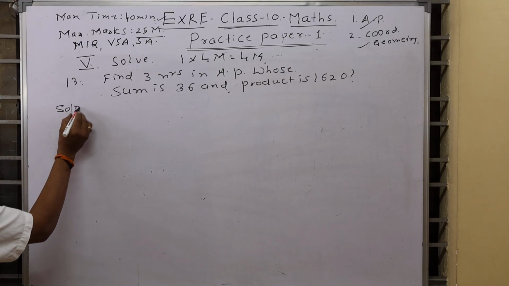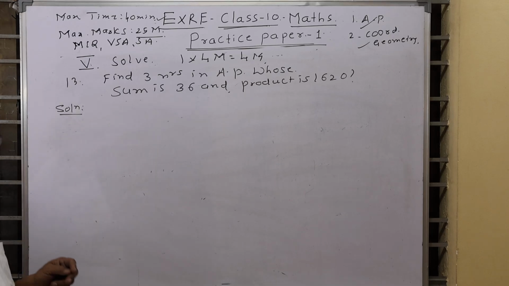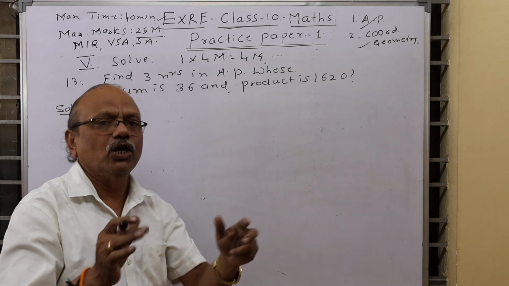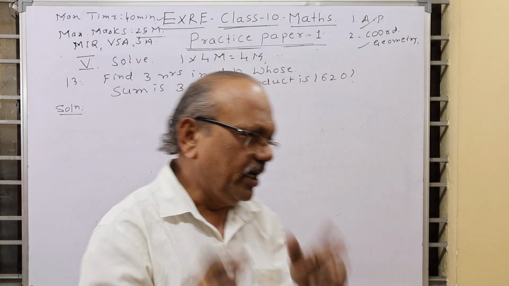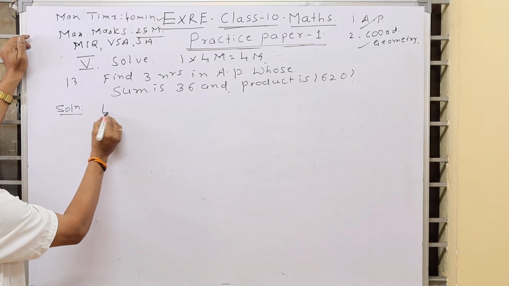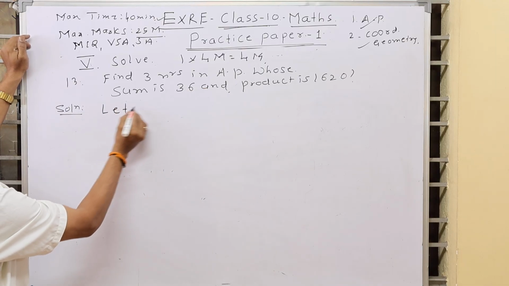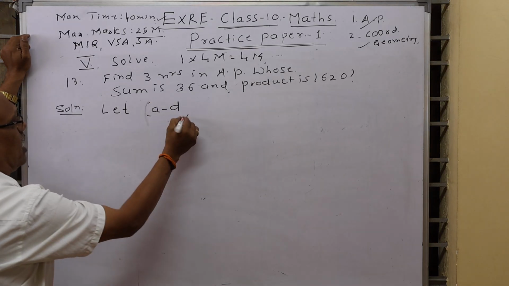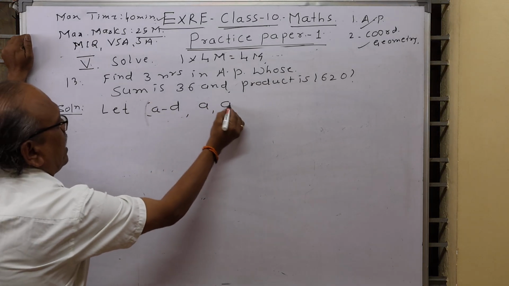Whenever 3 numbers are given in AP, and the sum and product are given, remember that you have to use a special way of assuming the terms. When 3 numbers in AP are given, you must take a minus d, a, a plus d.